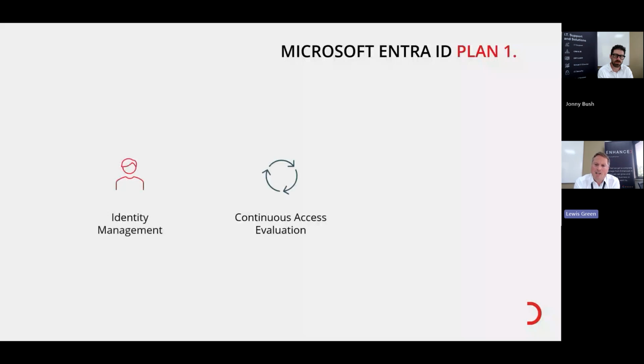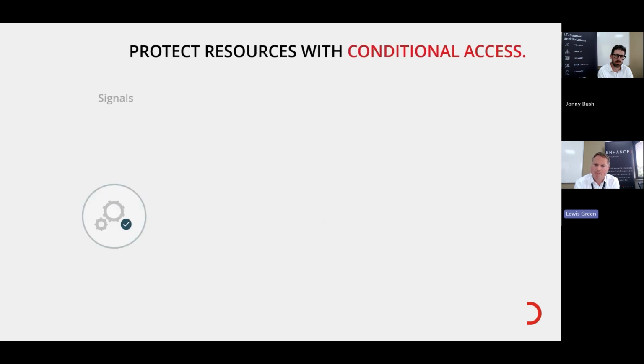Then looking at continual access evaluation, where we're looking at the location that devices are running from using what's known as the GSA client, which I'll cover off in a second. And then conditional access, which sits above this and uses all these checks and measures to provide access based on these particular identity measures.